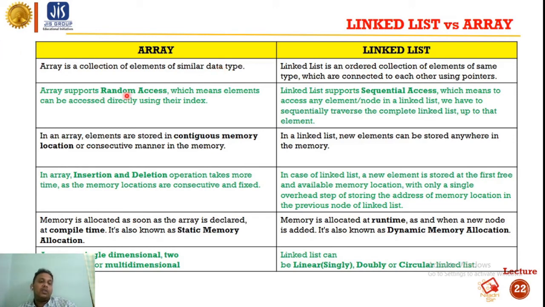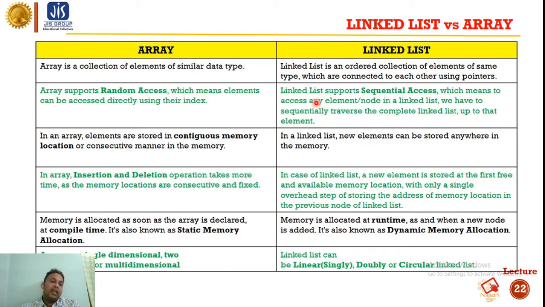An array supports random access, which means elements can be accessed directly using their index value. But a linked list supports sequential access, which means that to access any element or node in a linked list, we have to sequentially traverse the list up to that element.